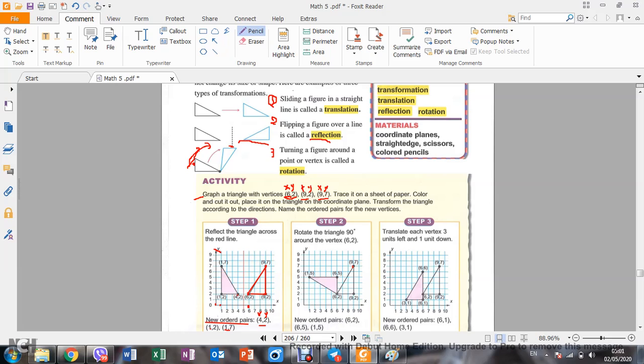When we move it from top to left, it means we rotated the triangle by 90 degrees.